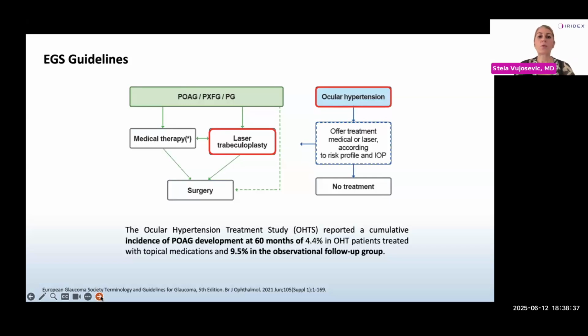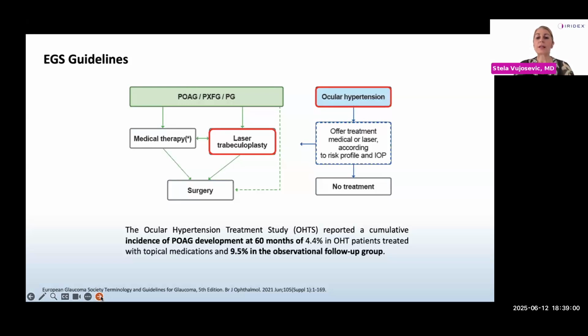Primary open-angle glaucoma, pseudoexfoliation glaucoma, or pigmentary glaucoma are all possible indications, but we can also treat patients at an earlier stage of the disease, when the patient has only ocular hypertension before the development of glaucoma.